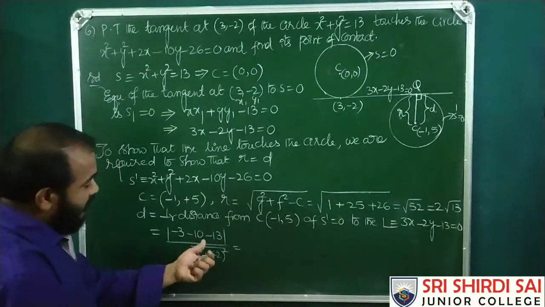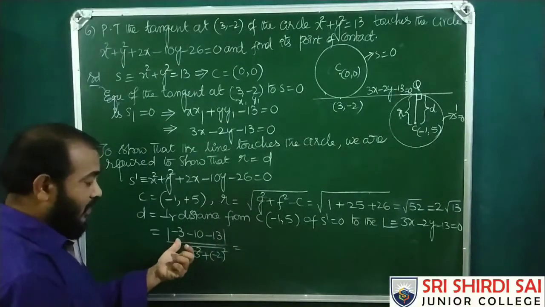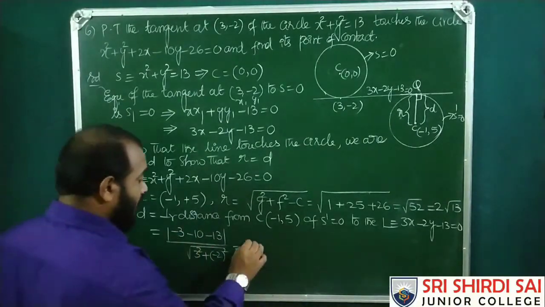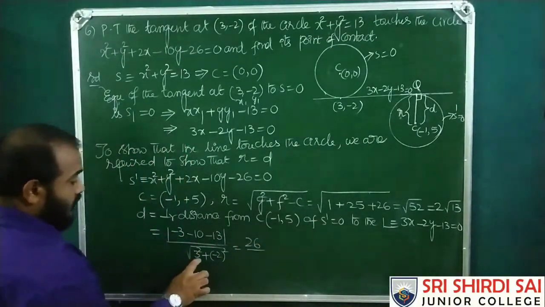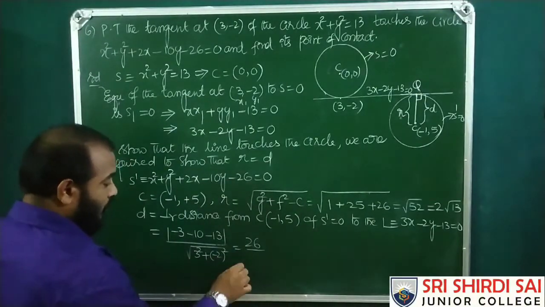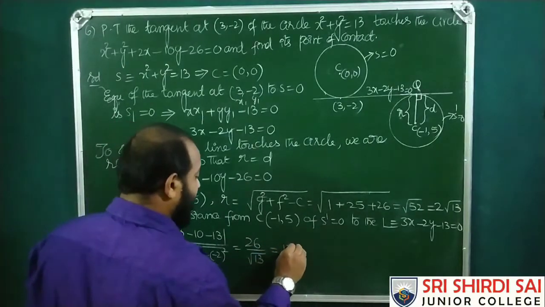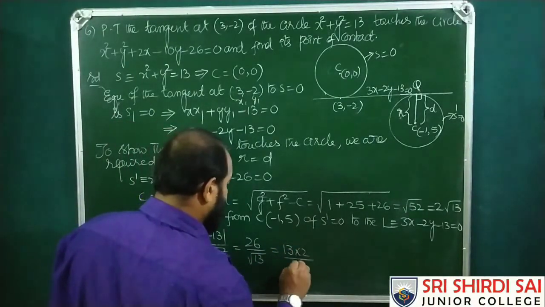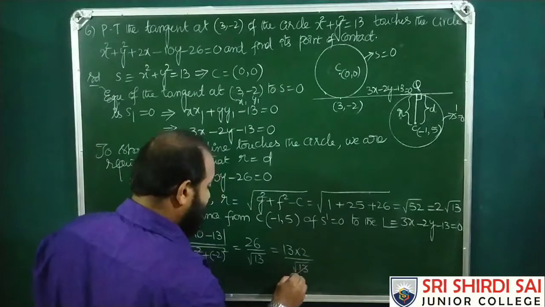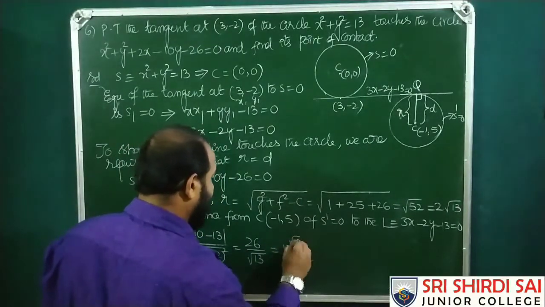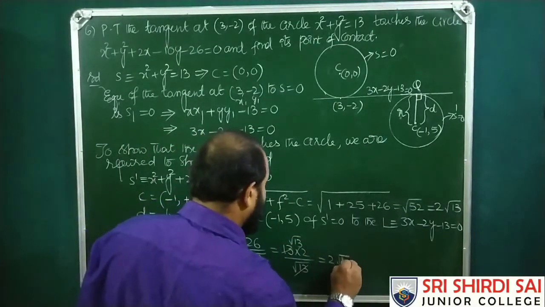So -3 - 10 - 13 = -26, and the modulus is 26, divided by the square root of 13. So 26 is 13 times 2, divided by root 13. If you cancel, we get 2 root 13.